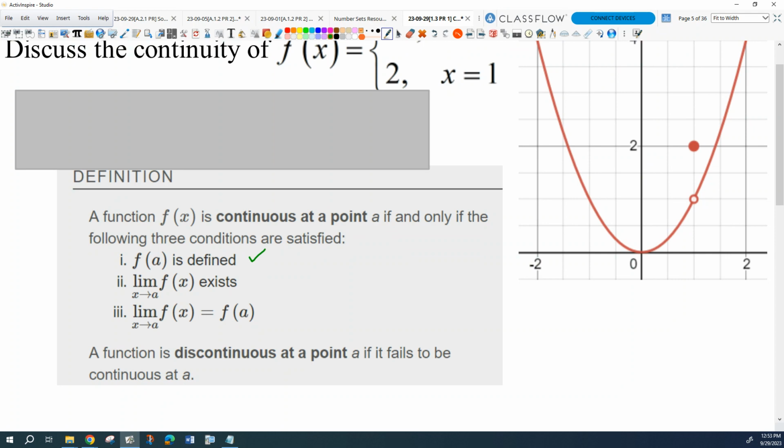The ants approaching from the left and the right both anticipate stepping on what y value? 1. So the limit exists. The value of the limit is 1, but the value of the function when x equals 1 is 2. So it passes both of the first two criteria, but it fails the third, because the limit exists and the function exists, but their values do not agree.